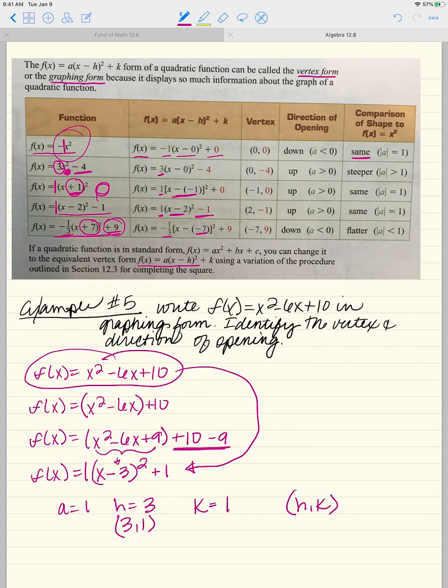It's going to open up because a is greater than 0, because a is 1, and 1 is greater than 0. And this is going to have the same shape as f(x) = x², because the absolute value of a is equal to 1. Okay, so vertex up, same shape.